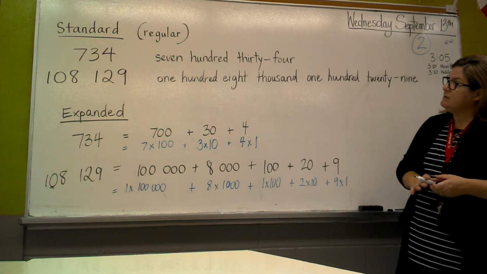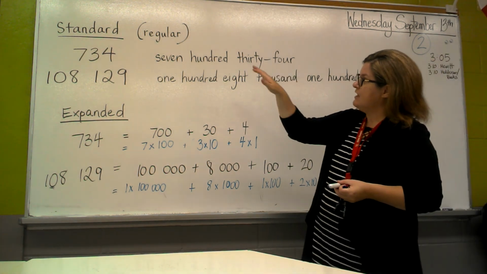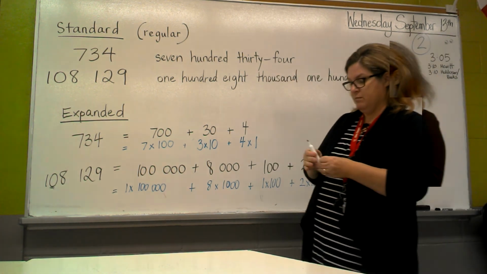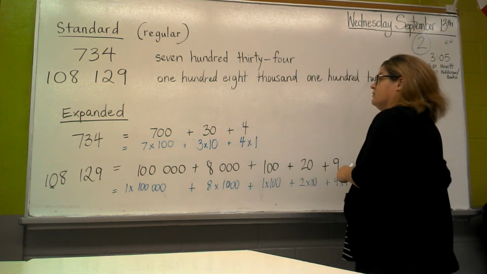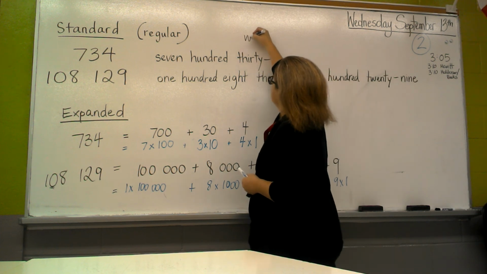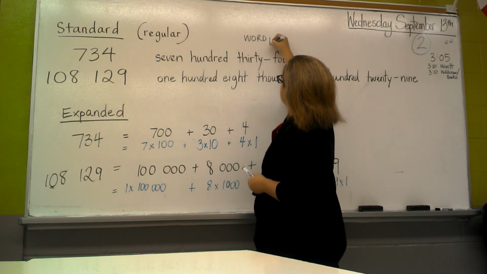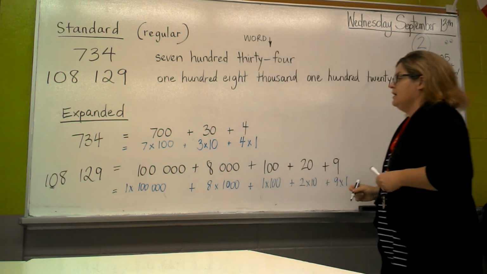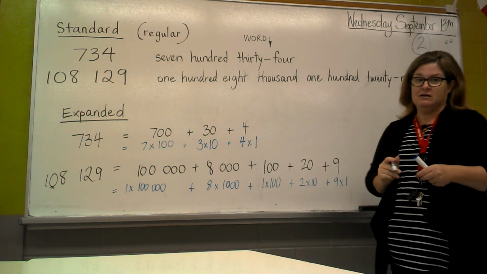So what you can see here today is we have standard or regular form of numbers. We also now have represented here, word form, and we have expanded form.